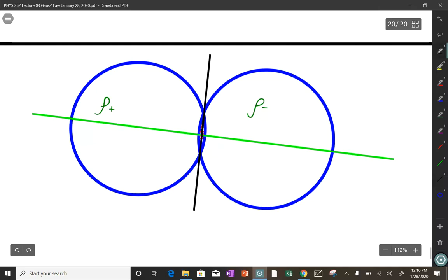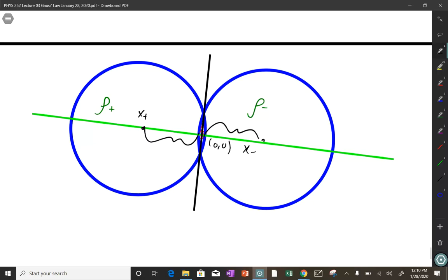So you have, this is 0, 0 there at the center of it. And so this is going to be x plus, this distance, and x minus is this distance. x plus and x minus being something that has to do with how far they are from the overlap.